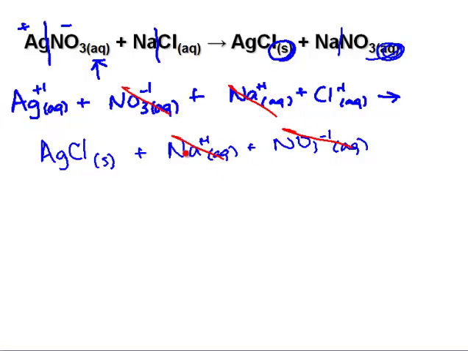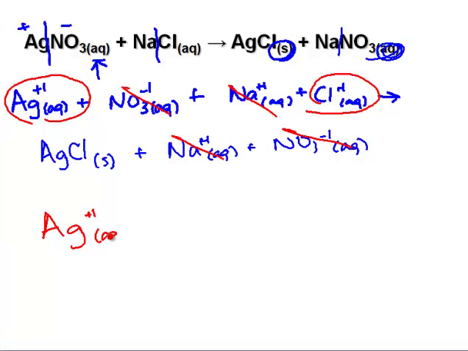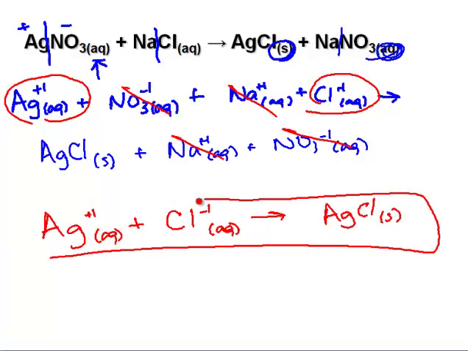Not on this side. Whatever is left behind is my actual reaction. Ag plus 1 aqueous plus Cl negative 1 aqueous yields AgCl solid. This is the reaction that's going on in that test tube. This is the actual reaction I am looking at.